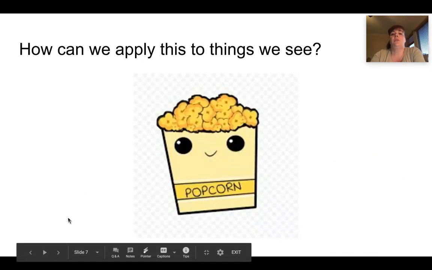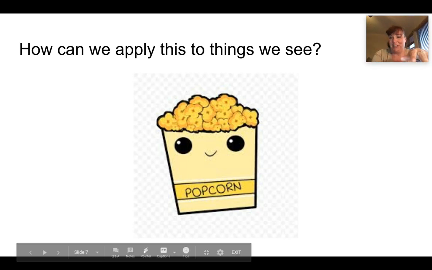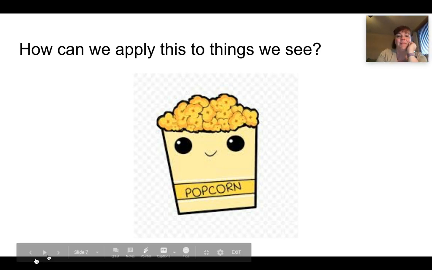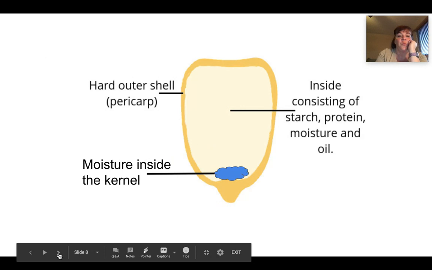All right. So how can we apply this to things that we see? So I have my little popcorn. Really cute. Did you know that popcorn actually is a fantastic way to show this phenomena? It is, I promise. So let's see what is inside popcorn. This is a very basic diagram of popcorn. On the outside, you have the shell.